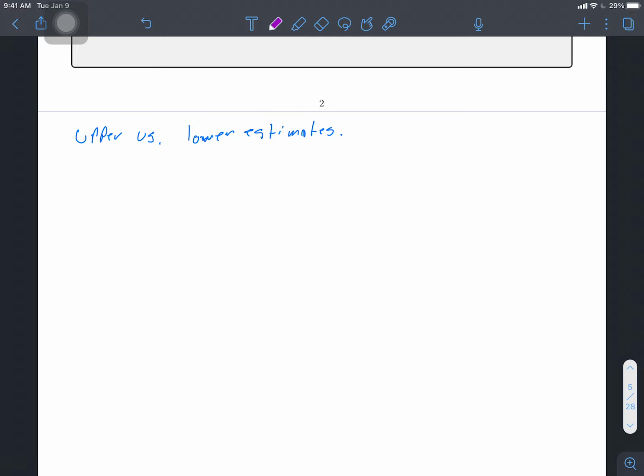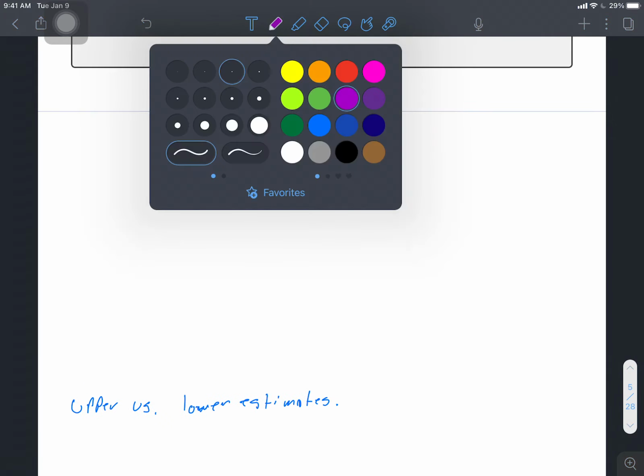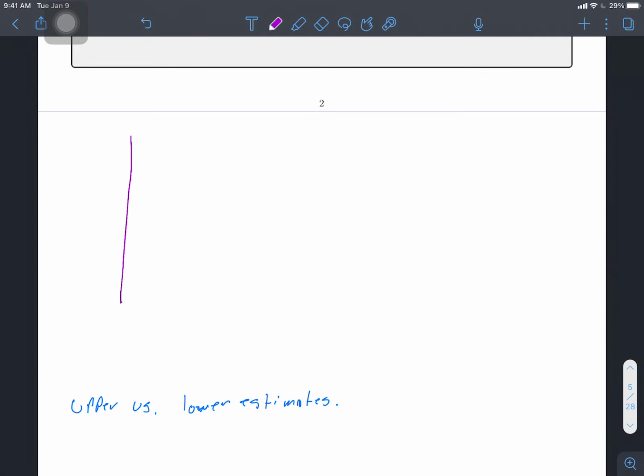So let me use some extra space down here to draw a quick picture. The way we find the area of a curve like that is actually we don't find it. What we do instead is we approximate it.